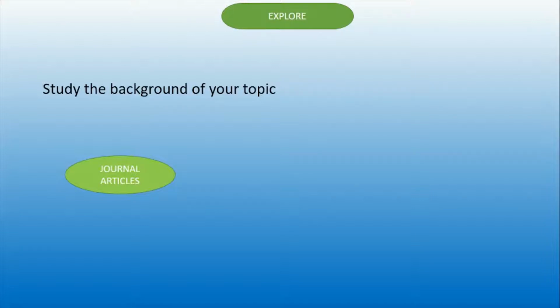Now, when you are studying these articles, what should you be looking for? Well, you should be looking for what is known as a research gap. What do I mean by research gap? A research gap is simply what other writers may not have covered in their researches. No research is actually perfect.